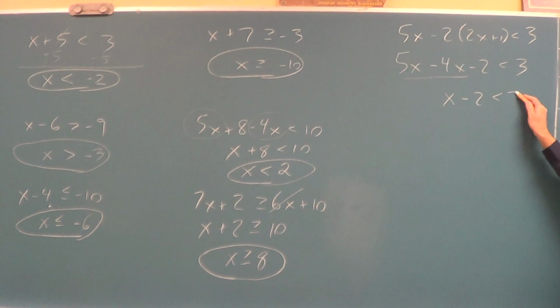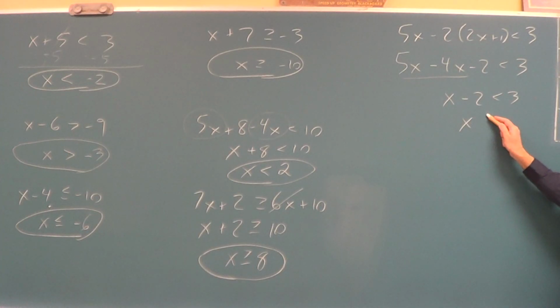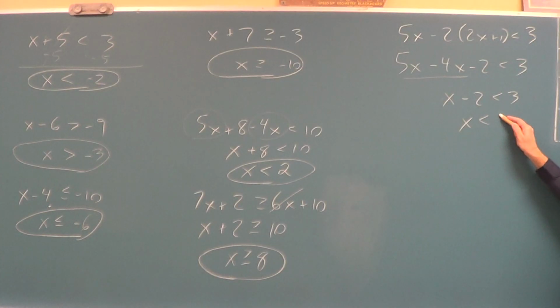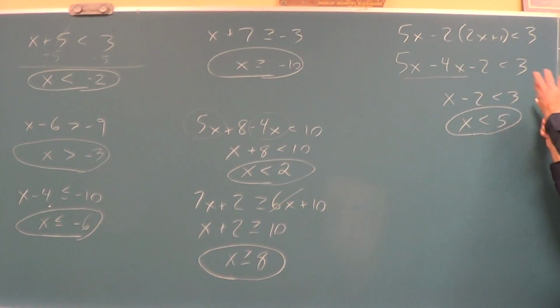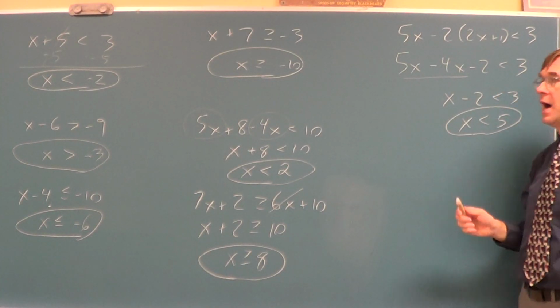Still minus 2, less than 3. Less than, not a 1. It's 5, because we're adding. We're doing the opposite. Subtracting makes us add the 2, add 2, we got a 5.